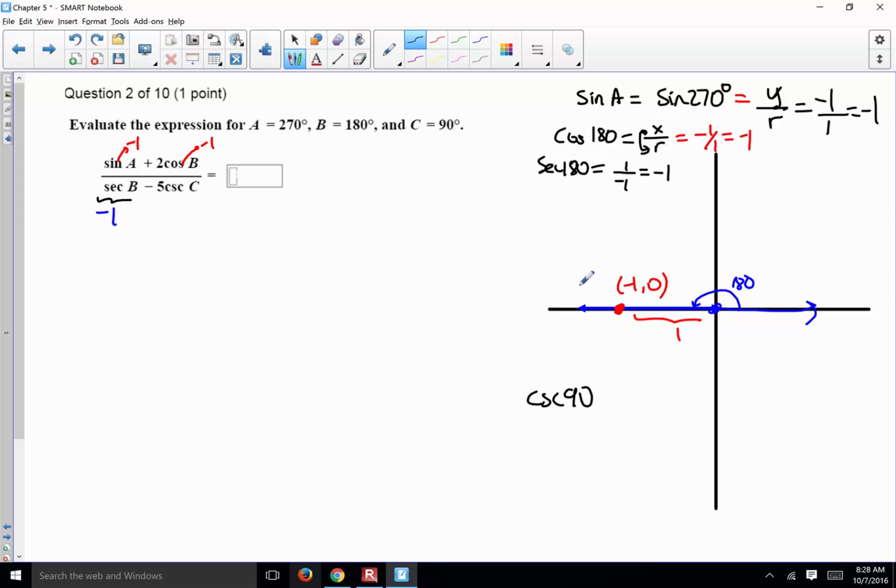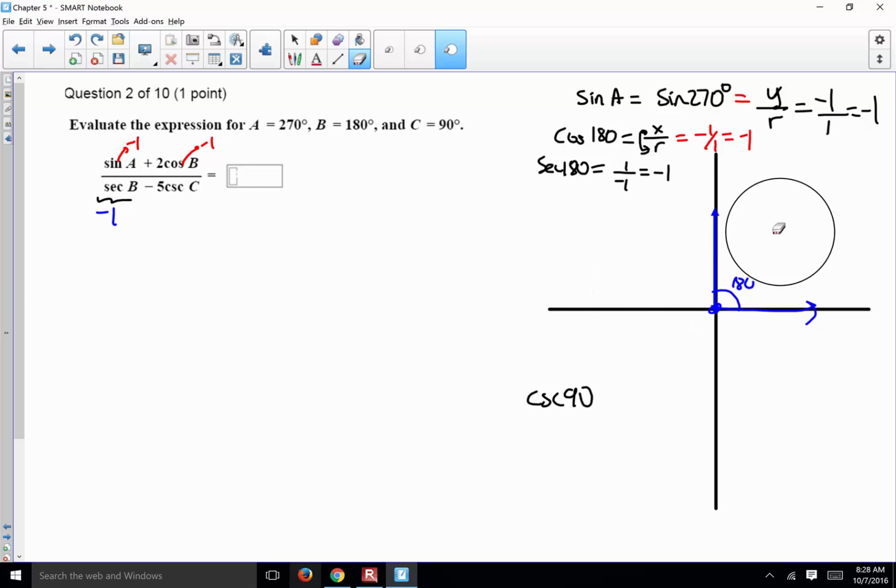Again, this time my angle is a right angle. There you go. Mark a value on it. So I will mark 1 here. This is 90 degrees. And cosecant is r over y.